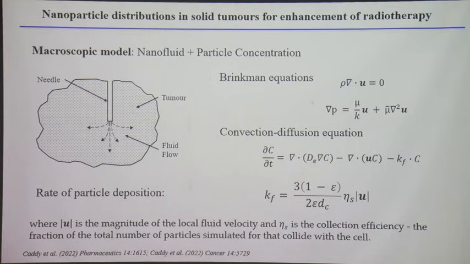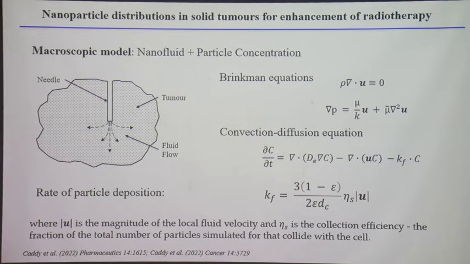Right, so from there, we get a particle deposition efficiency, which then goes into the transport equation, and this is where it comes in. So in the transport equation, we look at the transport of the nanoparticles within the tumor tissue, and this is treated as a source term. Imagine that if the nanoparticle is deposited on the cell surface, then it's no longer available for further transport, right?